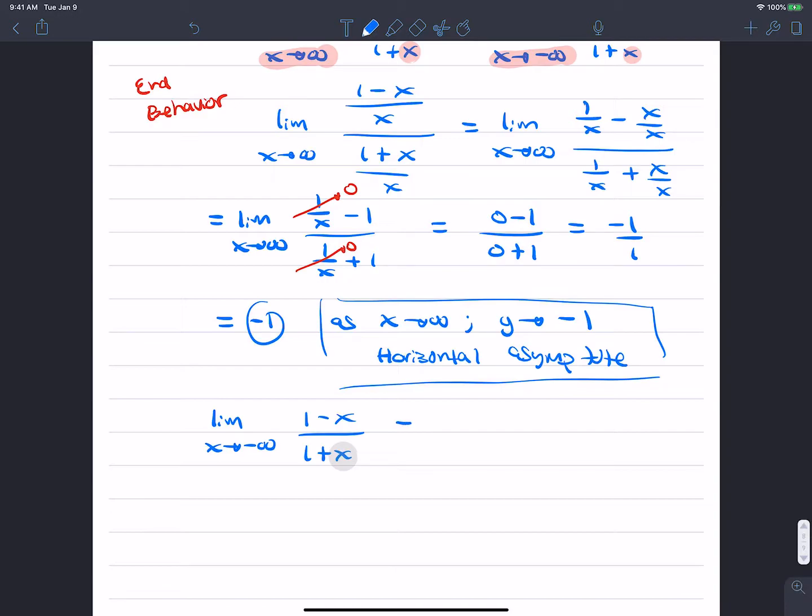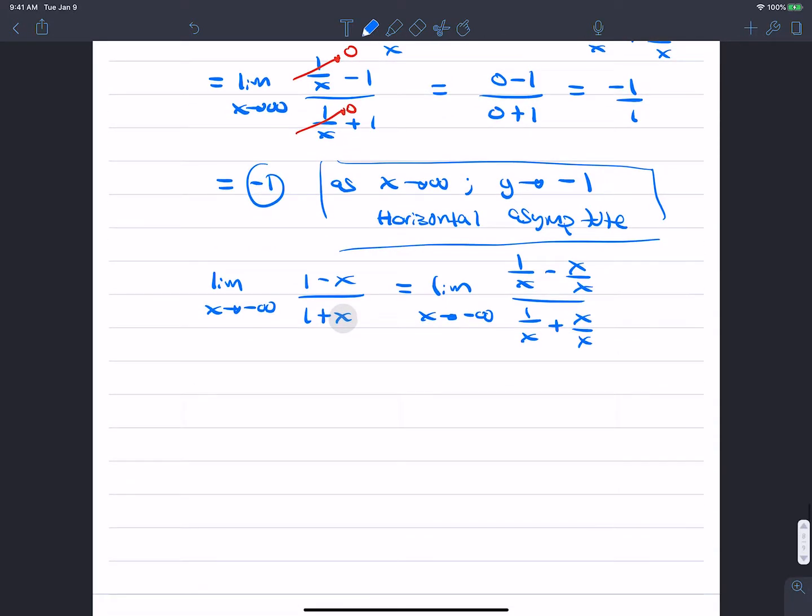So that limit will be, x goes to minus infinity, 1 over x minus x over x over 1 over x plus x over x. So we get the limit as x goes to minus infinity, 1 over x minus 1 over 1 over x plus 1.